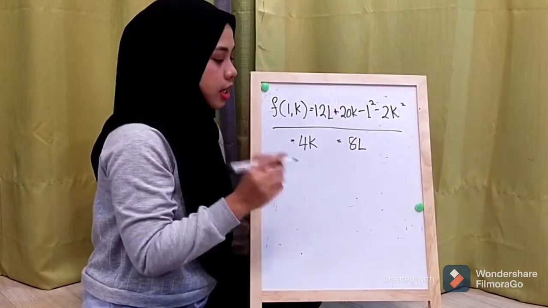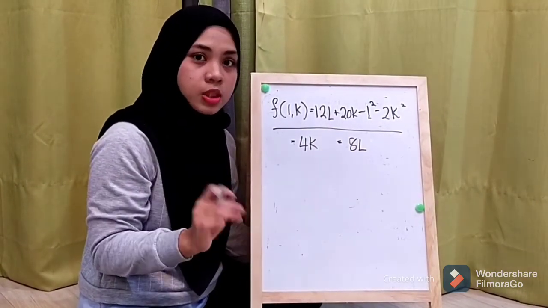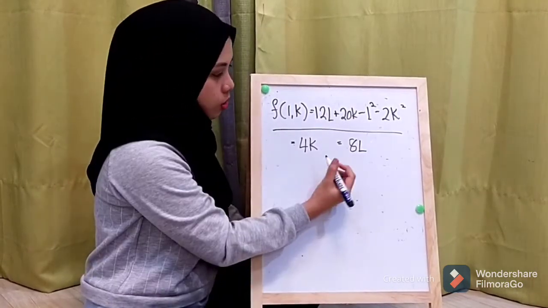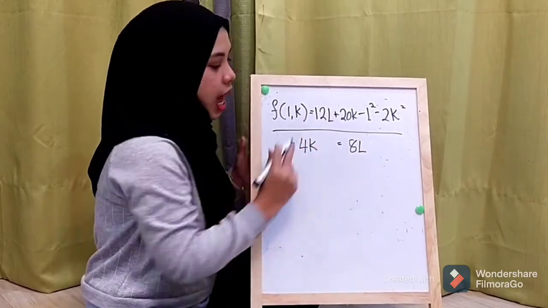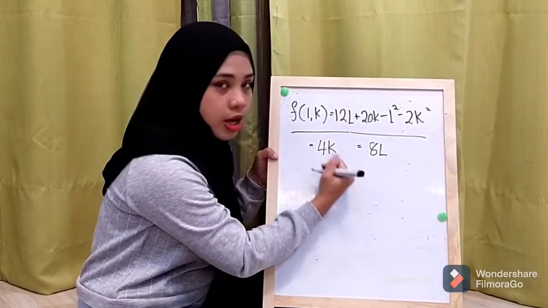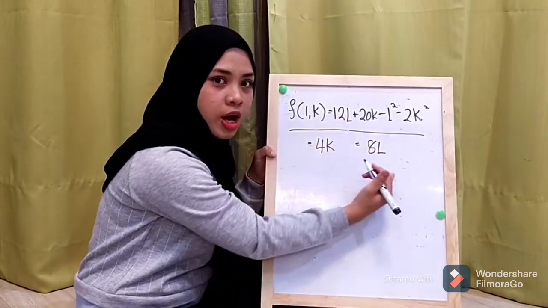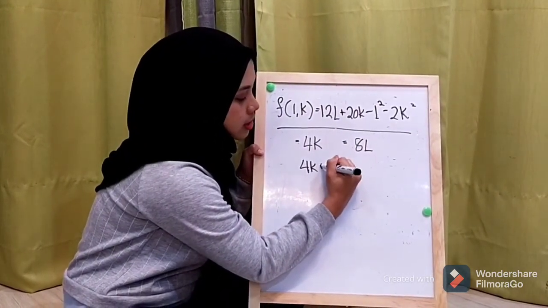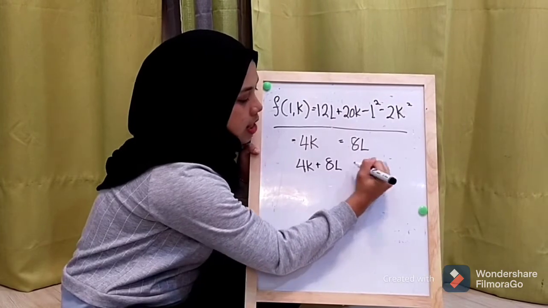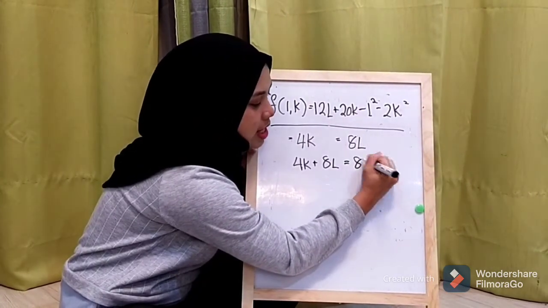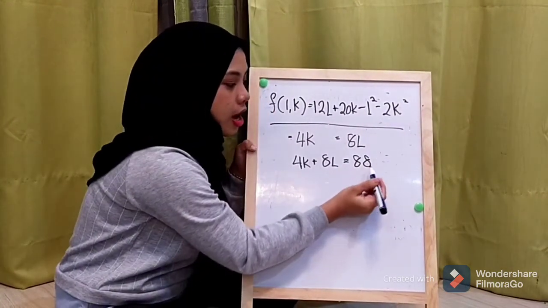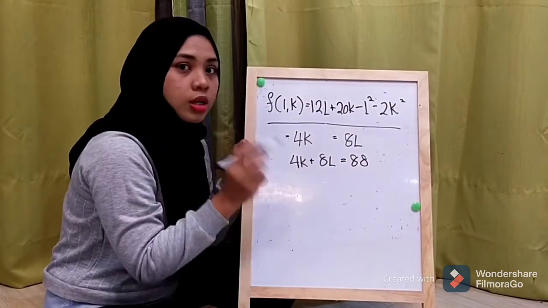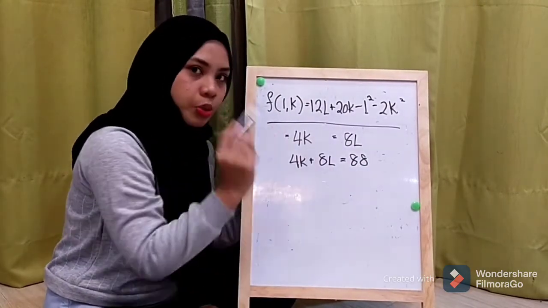Then, the question says the firm wants a total cost RM88. So from that information, if we add these two items, it will be 4K plus 8L equal to 88. As I said just now, 88 is because the firm wants a total cost of 88 ringgit.